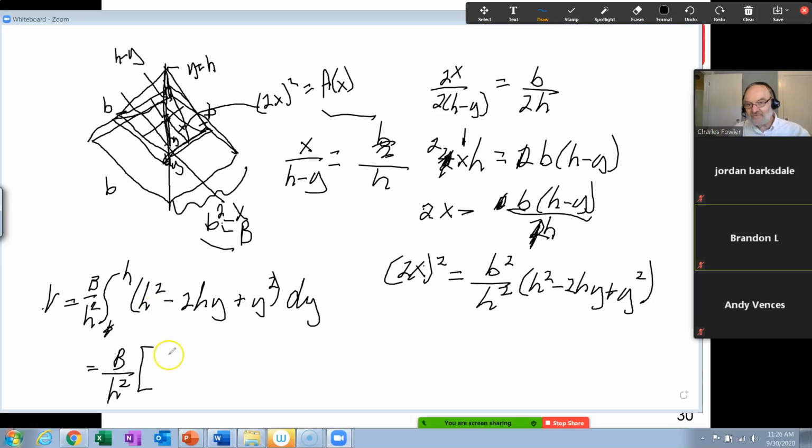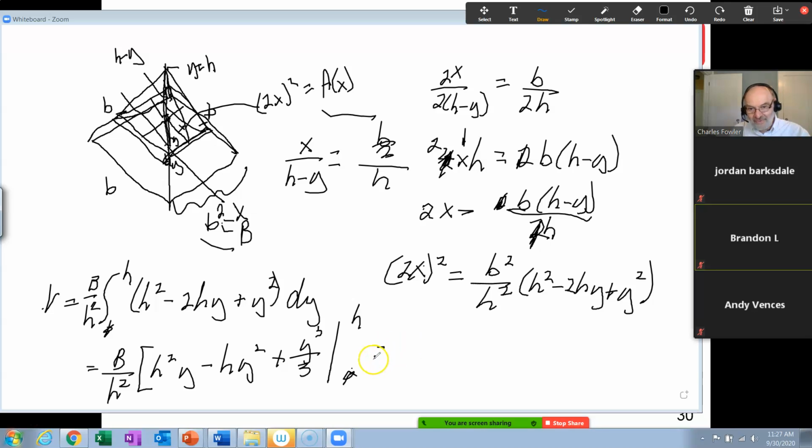Well, h squared is a constant, so that would just be h squared y minus, and this will be y squared over 2, well, that will wipe that out, that would be hy squared, plus y cubed over 3, evaluated from 0 to h.